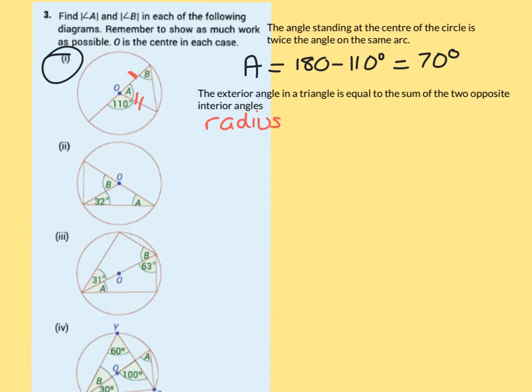And what type of triangle do we have that has two lengths the same? If you can't spell it, just put in whatever shape or form.